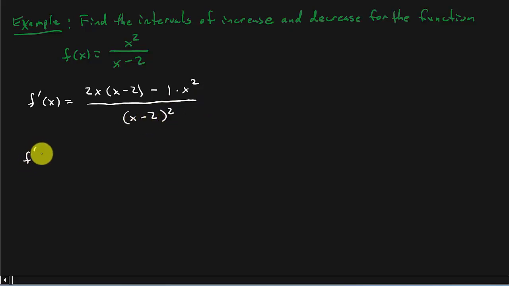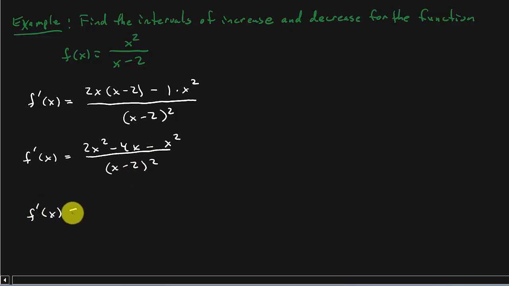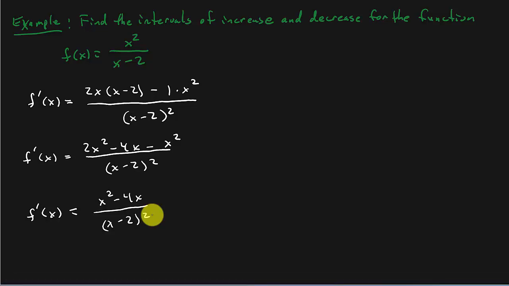This gives me f prime of x equals 2x squared minus 4x minus x squared over (x minus 2) squared. So f prime of x is equal to (x squared minus 4x) over (x minus 2) squared. There's our derivative.